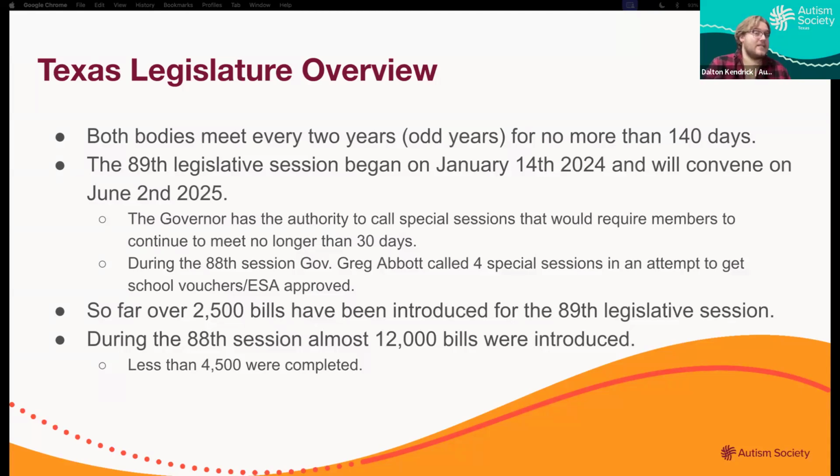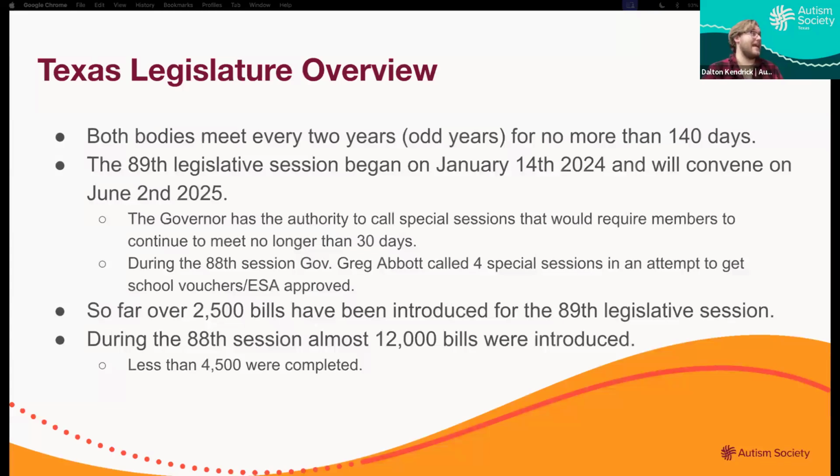One exception to that is the governor has the authority to call what's called a special session. That requires the members to come back into session and meet for no more than 30 days. If something doesn't get passed during those 30 days, he's allowed to call another special session and those 30 days restart.